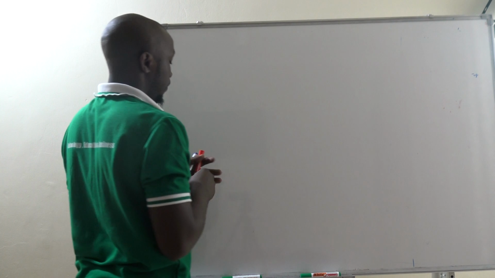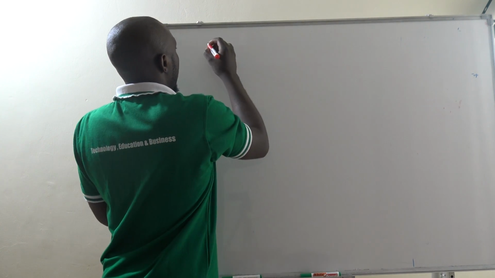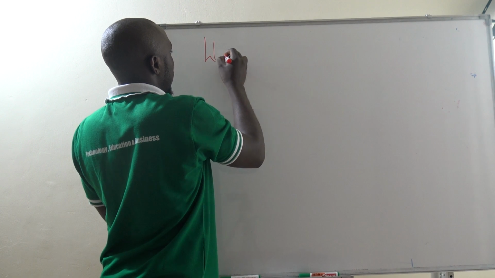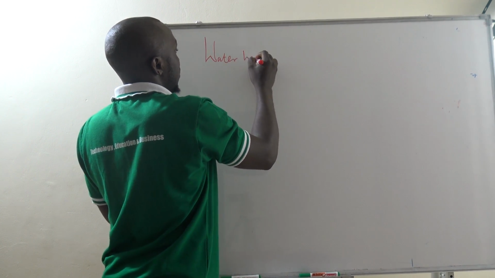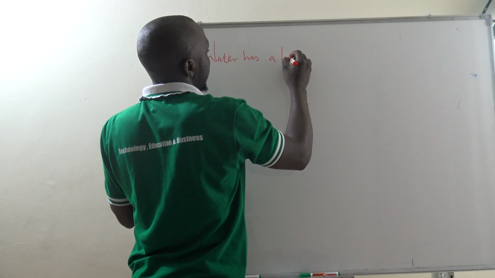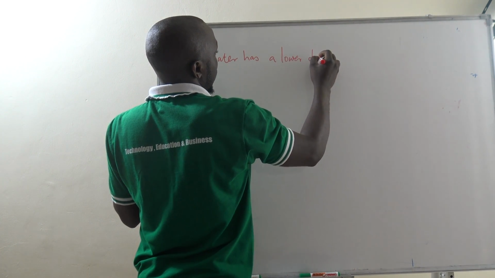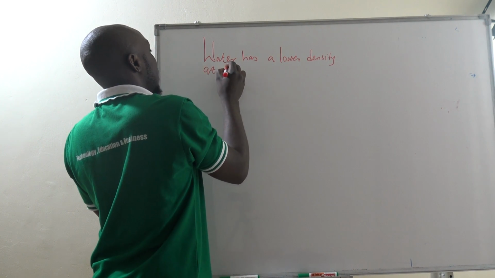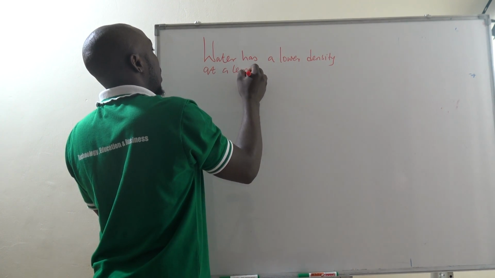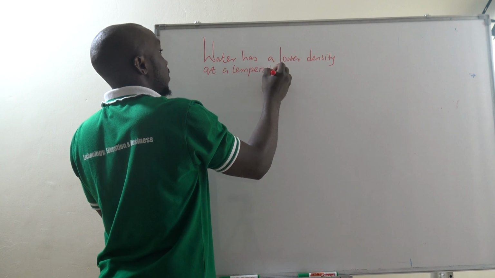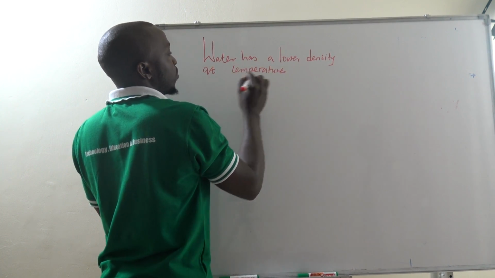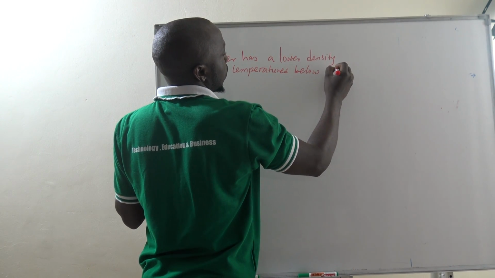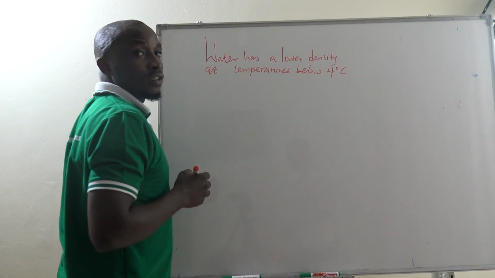So we say water has a lower density at temperatures below 4 degrees Celsius.